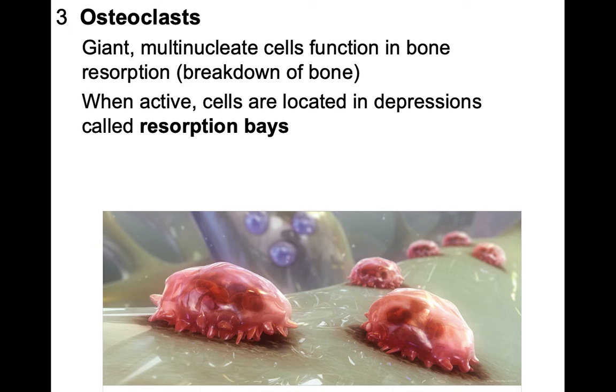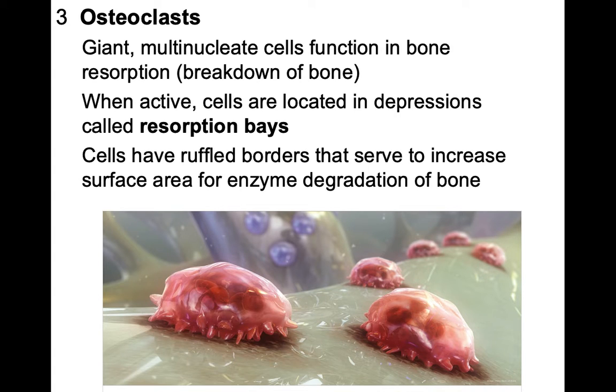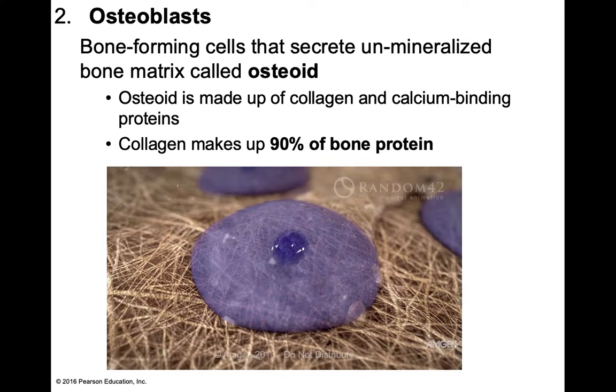Osteoclasts. You see these little ruffled edges? Giant multinucleated cells that function in bone resorption, the breakdown of bone. When active, cells are located in depressions called resorption bays. Cells have ruffled borders that serve to increase surface area for enzyme degradation of bone. So osteoclasts and osteoblasts are constantly working in conjunction.